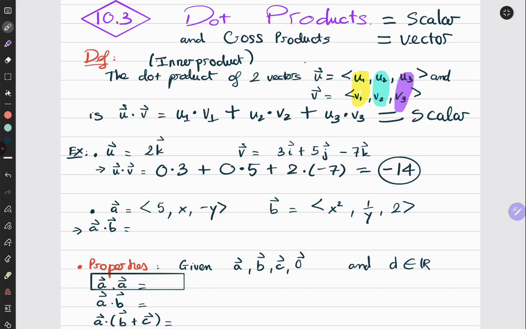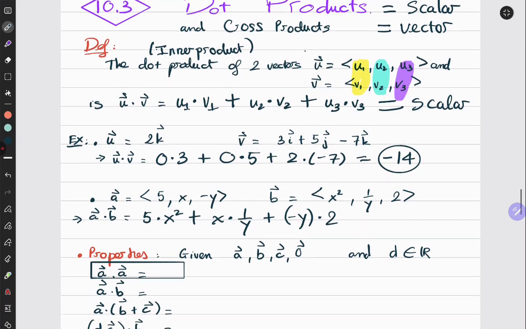You only need to multiply the component coefficients, this number, 3, 5, -7. 5 times x squared plus x times 1 over y plus -y times 2. You don't need to simplify that. You just know this is how we do the dot product, and all of them end up being a scalar.